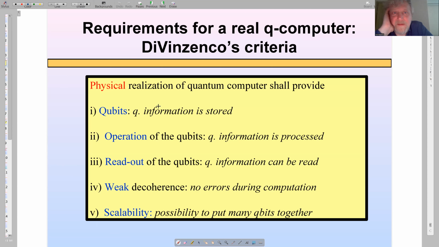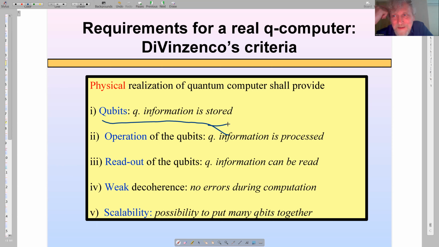So, the five DiVincenzo criteria. First of all, we need to make qubits. We'd like to physically realize two-level systems where we can store quantum information, where we can keep the wave function.